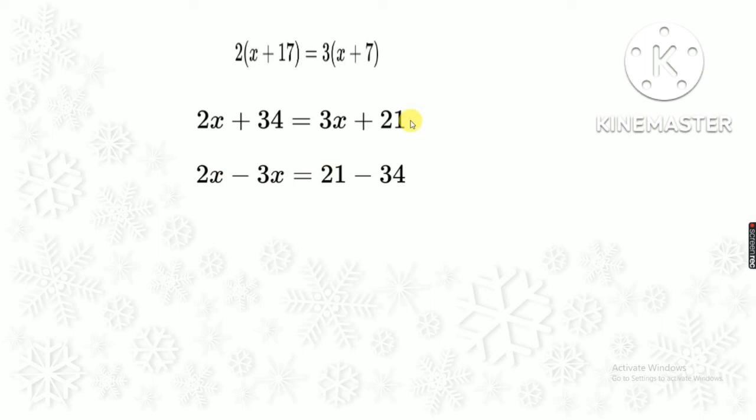So we got 21 minus 34. 2x minus 3x is equal to minus x is equal to minus 13. Minus minus got cancelled with each other. So x is equal to 13 is the required answer.